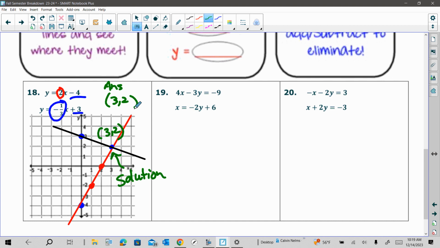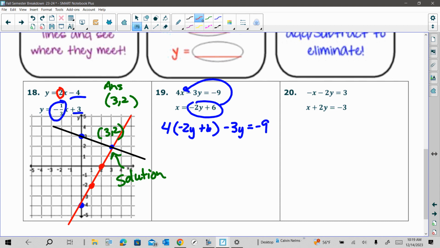Number 19 is an example of using substitution because the x is isolated. So we take what it equals and plug it into the first equation. If you do substitution, you have to use parentheses. So this would be 4 parentheses -2y plus 6, then minus 3y equals -9.